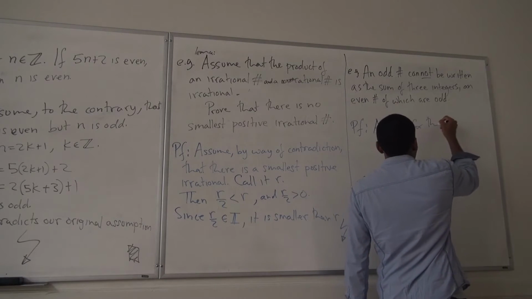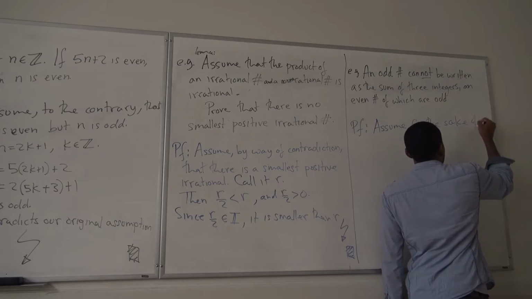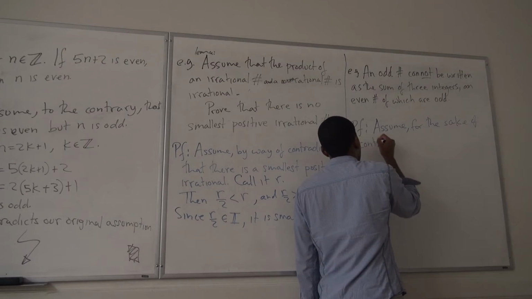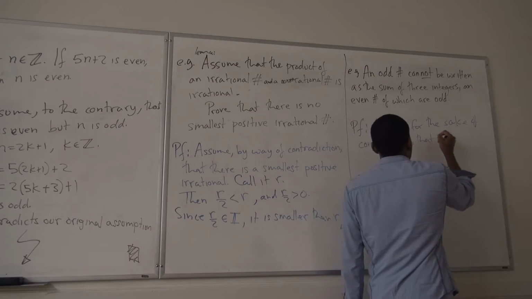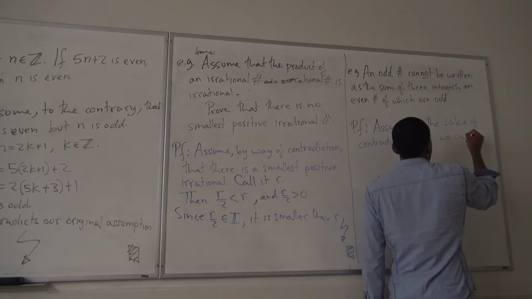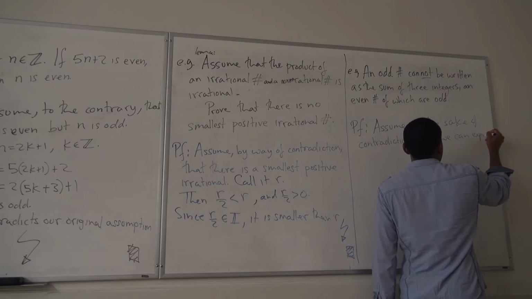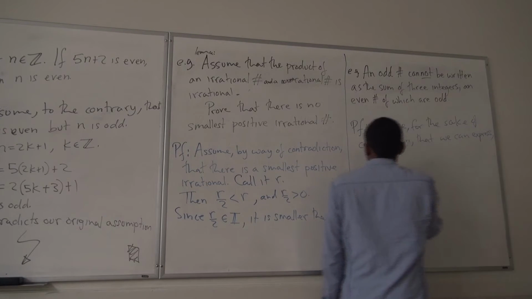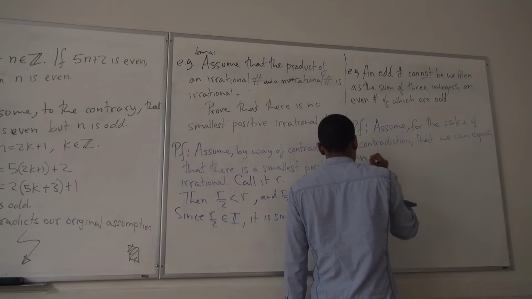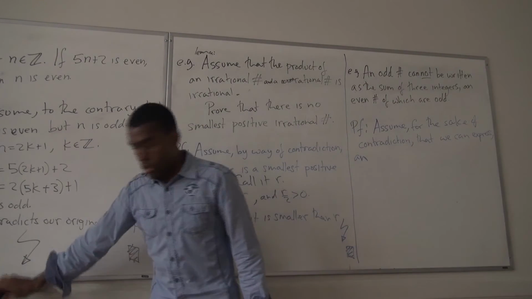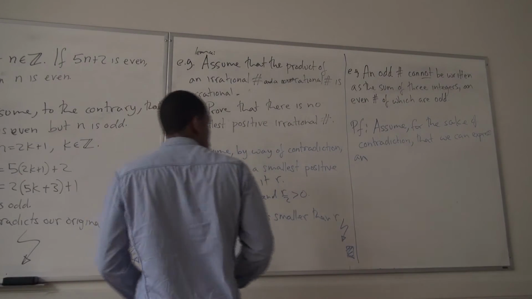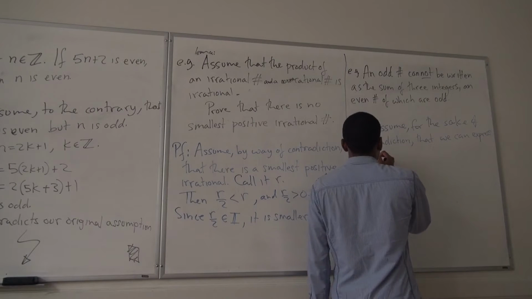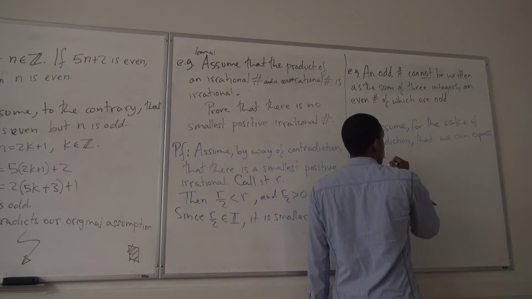Assume for the sake of contradiction that we can express... I don't think I get it. Do we have to simply state that it's for the sake of contradiction, or writing it?